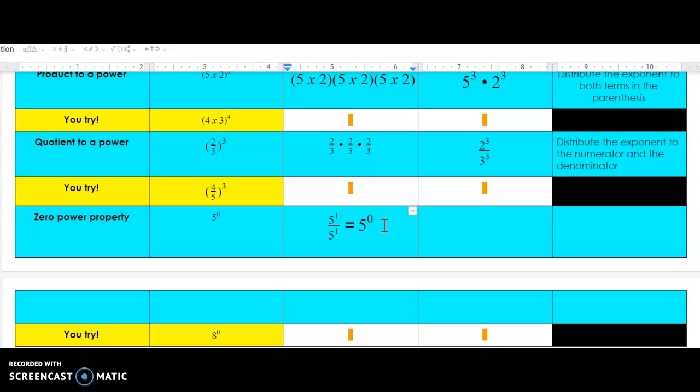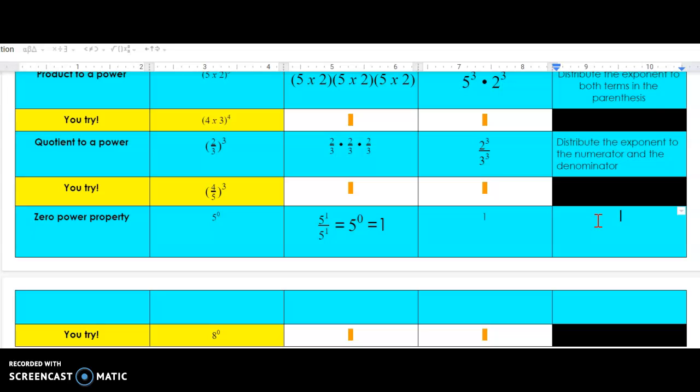But guess what? Any number over itself always equals what? Okay, think of it like 2 over 2 or 3 over 3. Those are always equivalent to 1. So if 5 to the first over 5 to the first is equivalent to 5 to the 0 power, and any number over itself equals 1, then that means a number raised to the 0 power equals 1. So my answer here is simply 1.